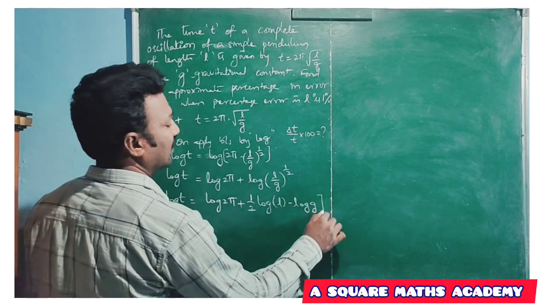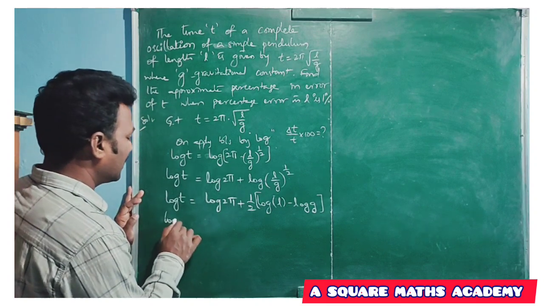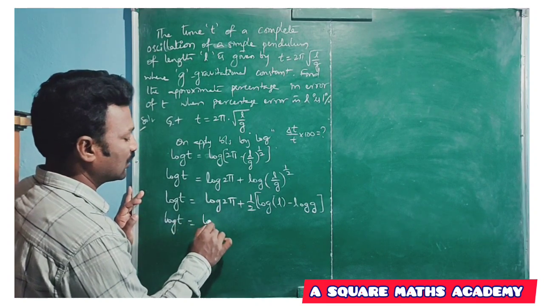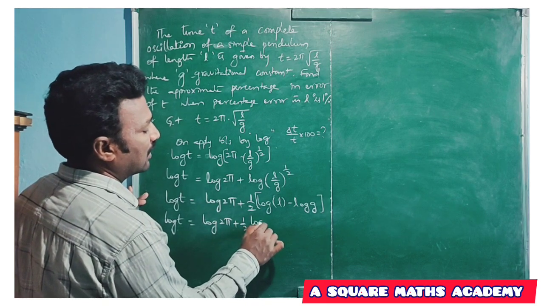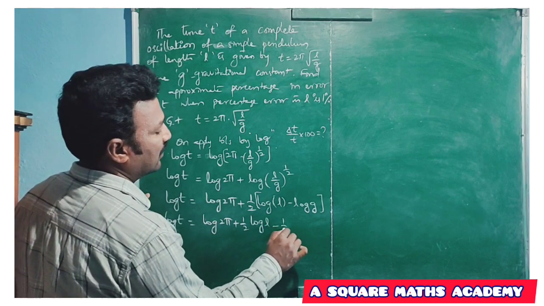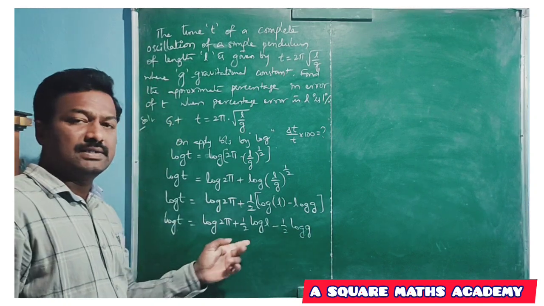So log t equals log 2 pi plus 1 by 2 log L minus 1 by 2 log g. Here 2 pi and g are constants.